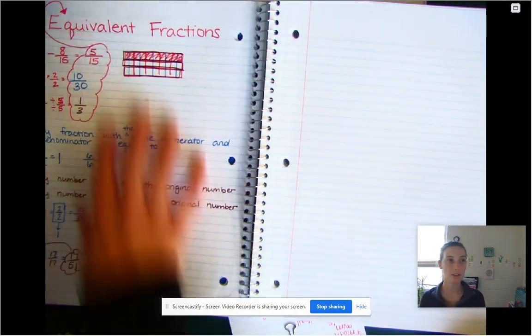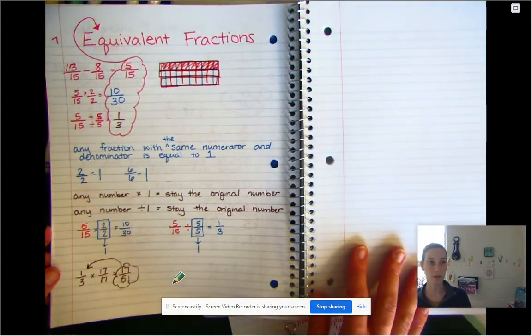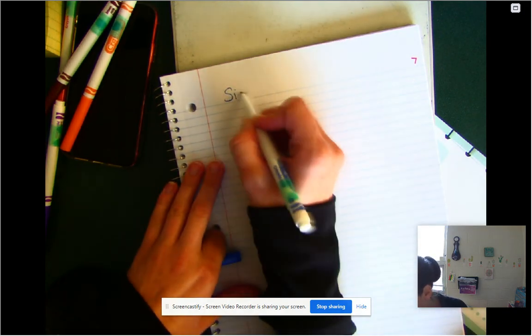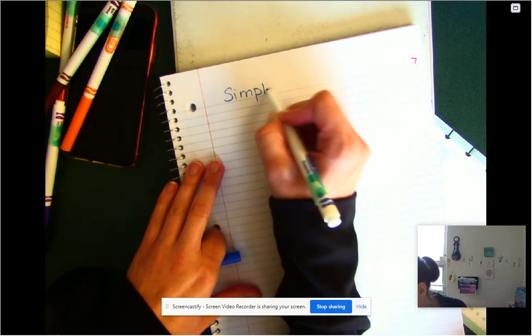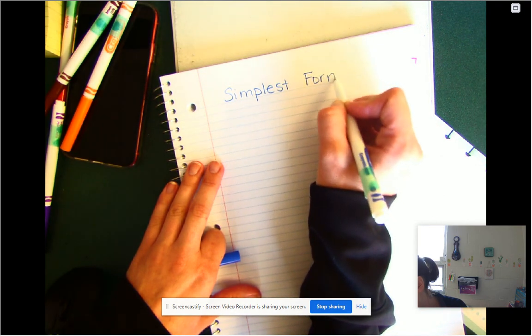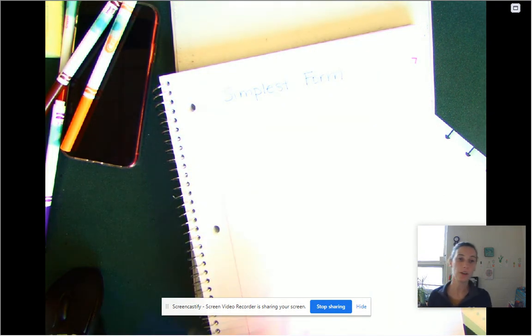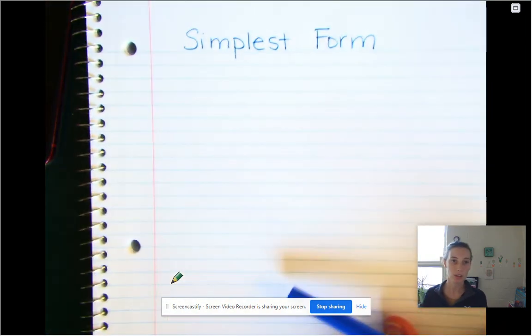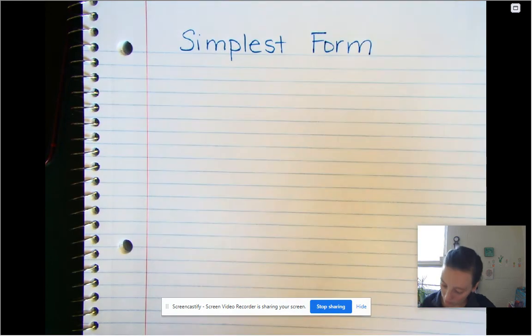We're back on page 7 now, which was our equivalent fractions, and we're on the other side of page 7. And the title of this page is Simplest Form. Simplest form is when we use the smallest possible numbers to represent an amount.